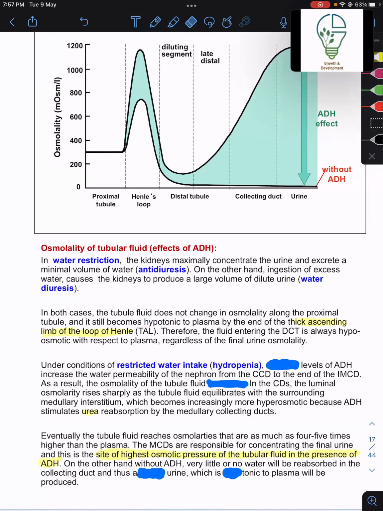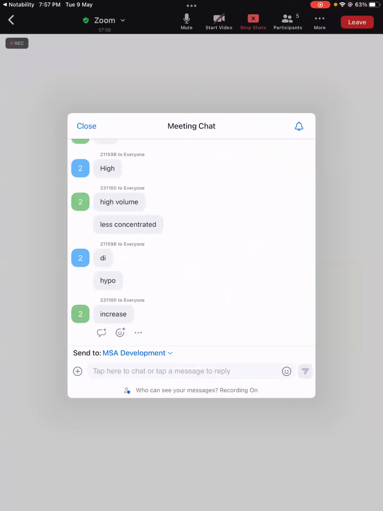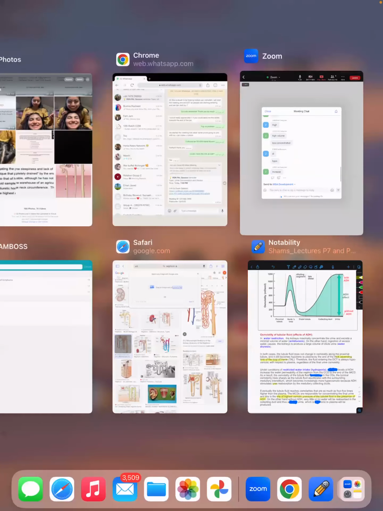Okay, so in cases of restricted water intake, right? So my body is low on water. Is this going to increase or decrease the levels of ADH? My body is low on water. Is it going to increase or decrease the levels of ADH? Increase, good.